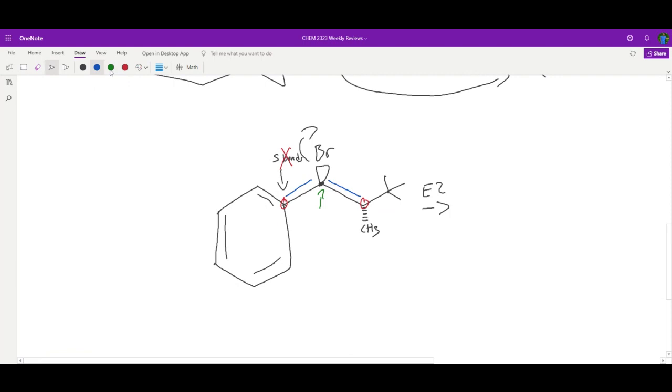But wait a minute, my methyl is on a dash, so that means my hydrogen has to be on a wedge. But how can that be? Because my leaving group is on a wedge. My only available hydrogen is also on a wedge. Okay? So it's not going to be no reaction, okay? That's not going to be the answer, okay?